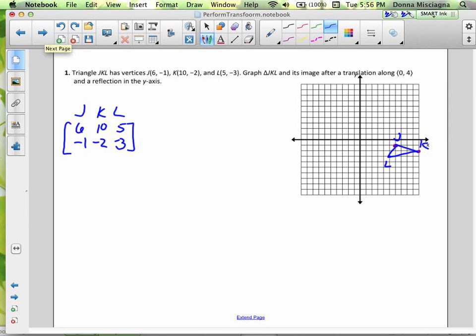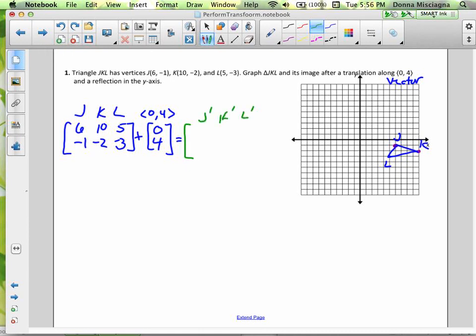And then we have a translation along the vector 0, 4. So that's a vector. We're going to add nothing to x and add 4 to all our y's. When we do that, we're going to get our image, and that would be J prime, K prime, L prime.